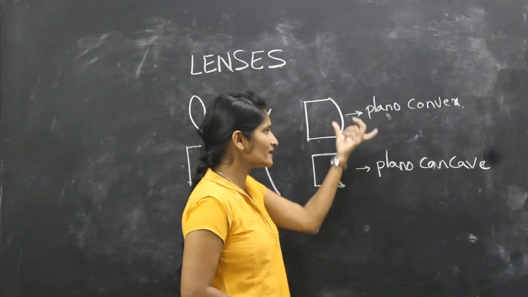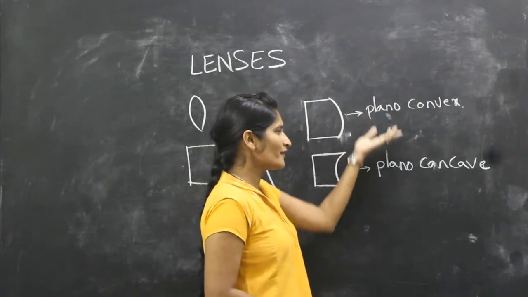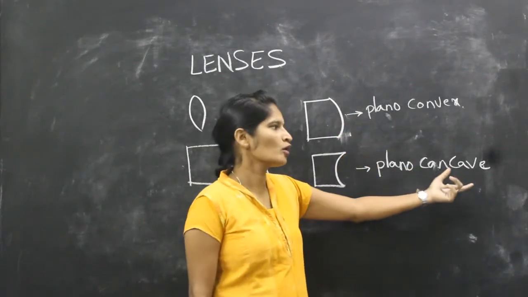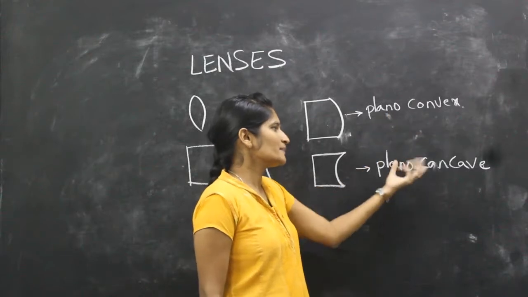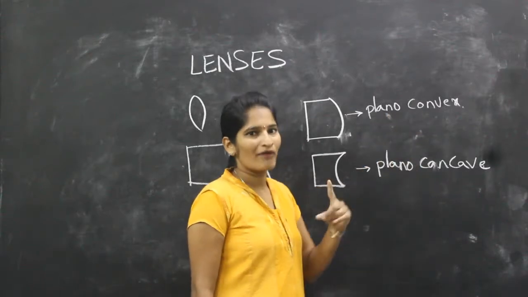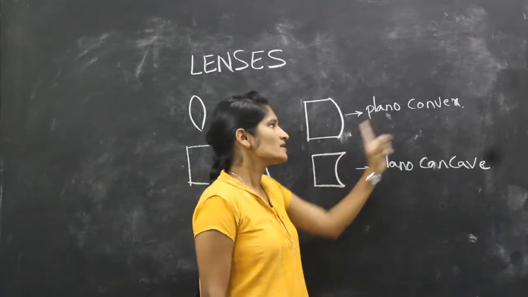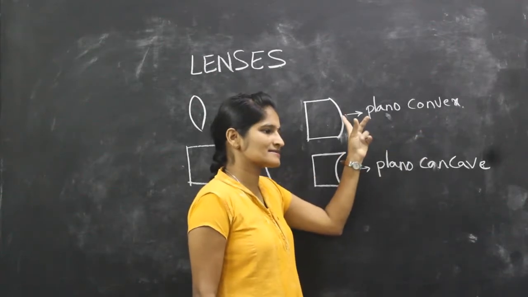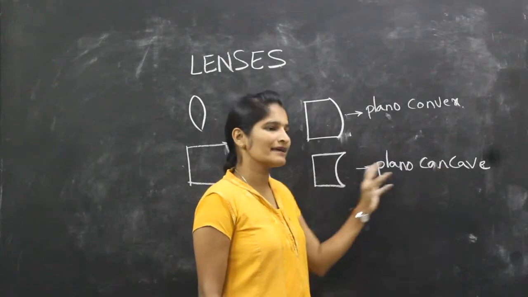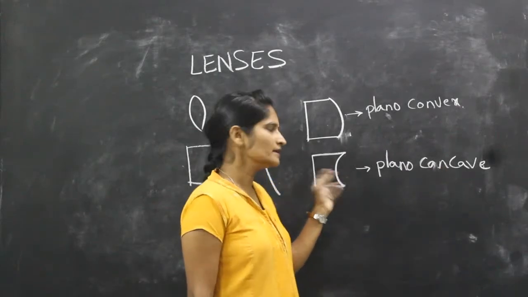One is plano convex and another is plano concave. Both have one plain surface and one curved surface: plano convex has a convex curved surface and plano concave has a concave curved surface.